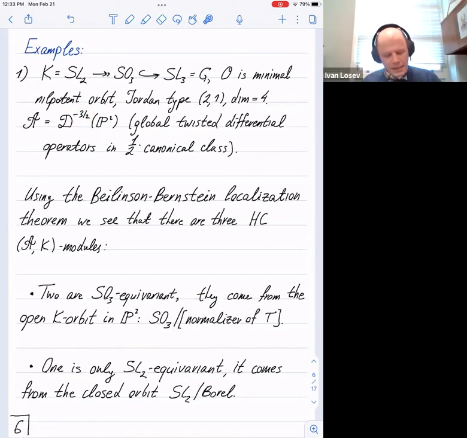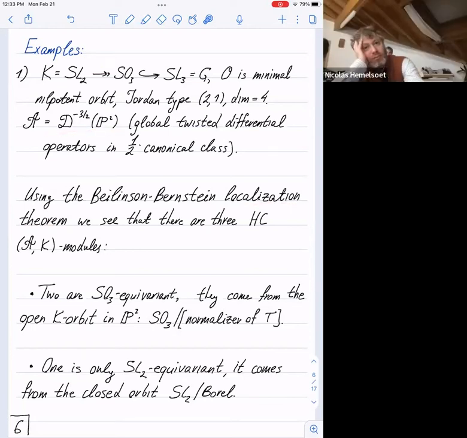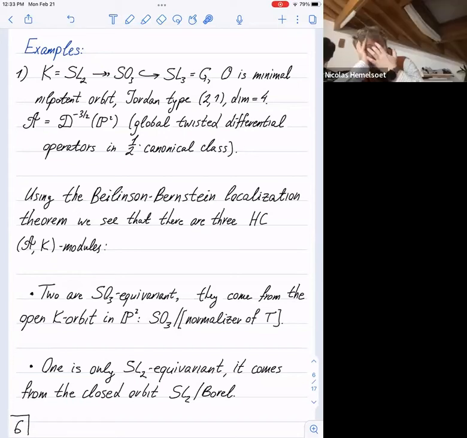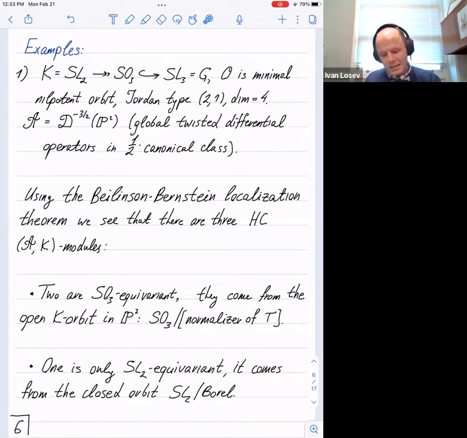Then we can apply the localization theorem and get classification of all Harish-Chandra modules for this quantization. So this parameter is regular, therefore the localization theorem just holds. Okay. What do we get? Well, these D-modules are parameterized by twisted equivariant local systems on orbits. And we have 2 orbits. There is the open orbit. It looks like this. It's SO3 modulo the normalizer of the torus. Well, there is no twist because this group doesn't have any homomorphisms to C star.